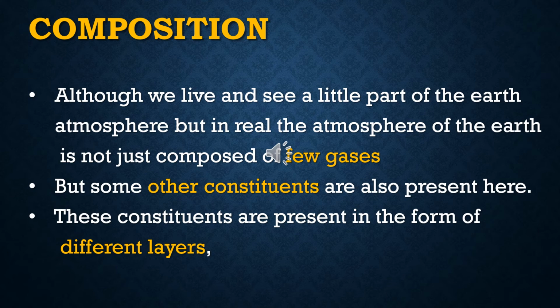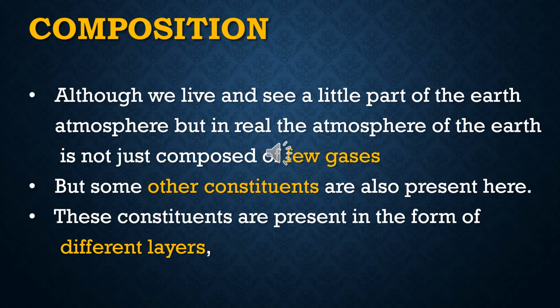As a composition of atmosphere, we should know about the composition of atmosphere. Although we live in and see a little part of the Earth's atmosphere, in reality the atmosphere of the Earth is not just composed of a few gases. As was said, traces of other materials and other gases are also present in the atmosphere.